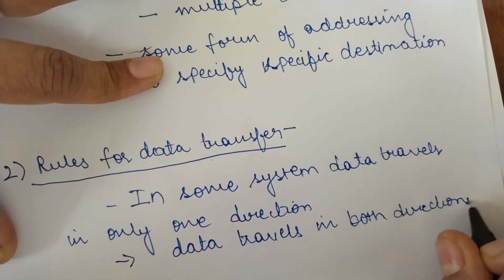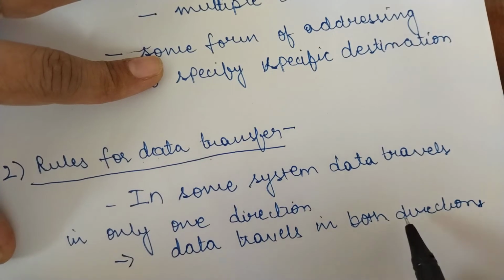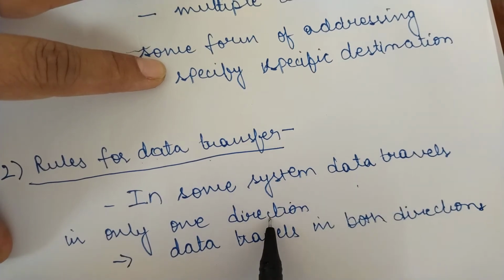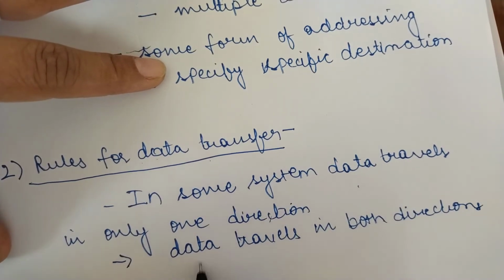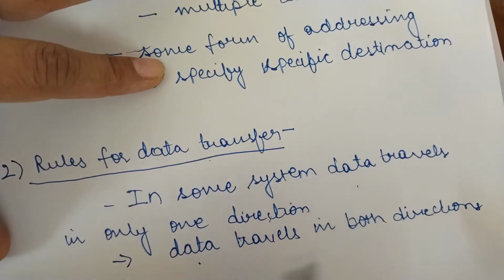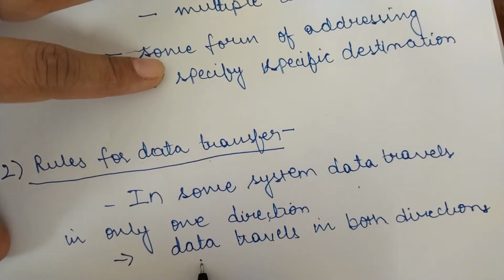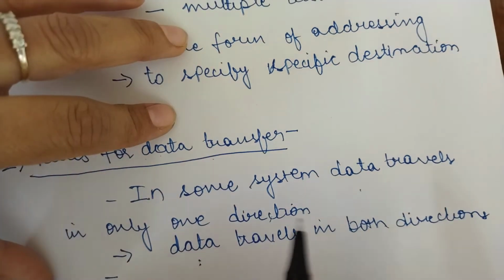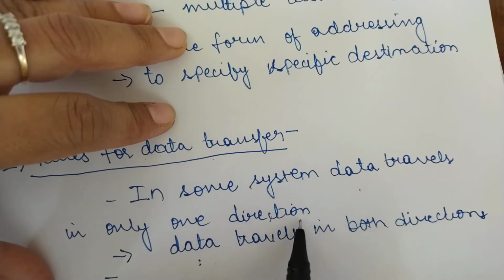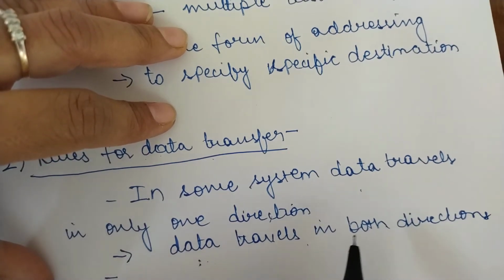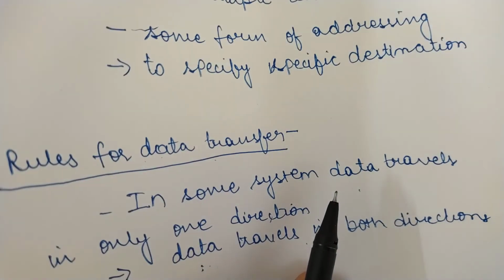When I say that the data travels in only one direction, that means the sender can only send the data and the receiver can only receive the data. When I say that data travels in both directions, that means the sender can both send as well as receive the data and the receiver can also receive as well as send the data. So this means data travels in both directions.